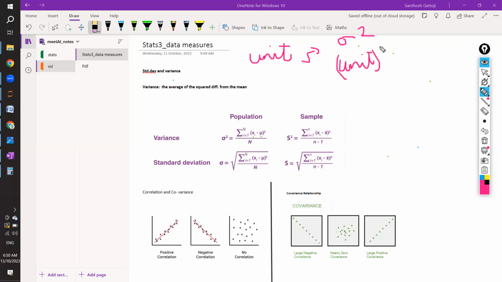Unit square. So the unit of the given data point is different from what we are getting in the variance. Agree? So to bring it back to the same units, we will take the square root of rho square. We will get rho, which is the standard deviation. So the reason is to make sure the standard deviation units are the same as the original units.